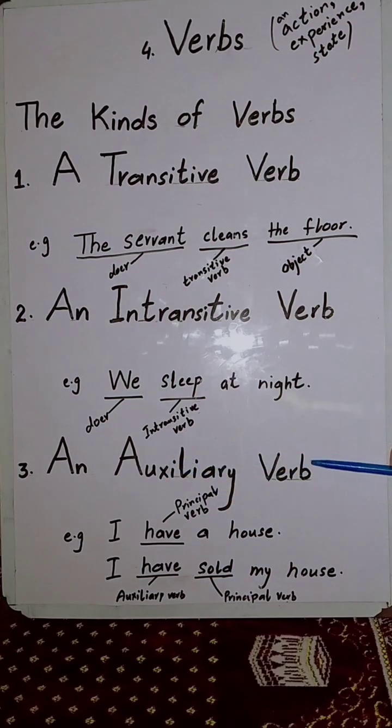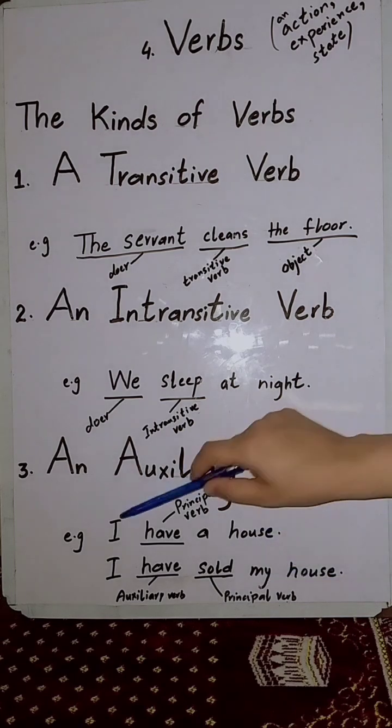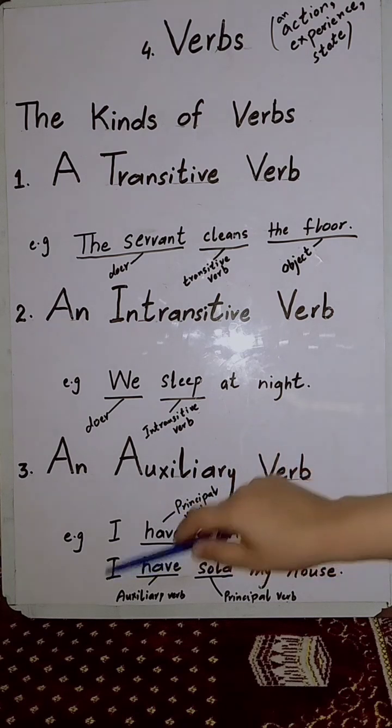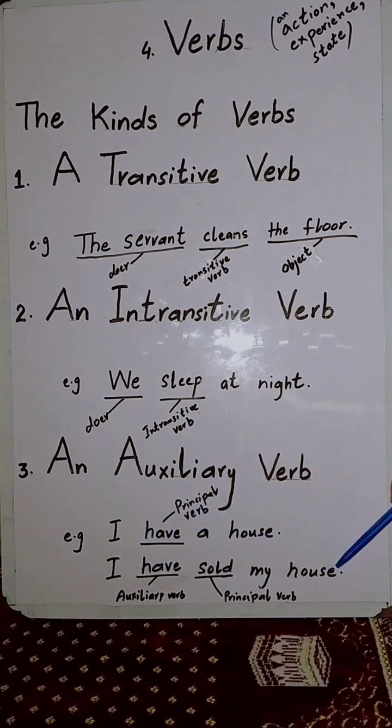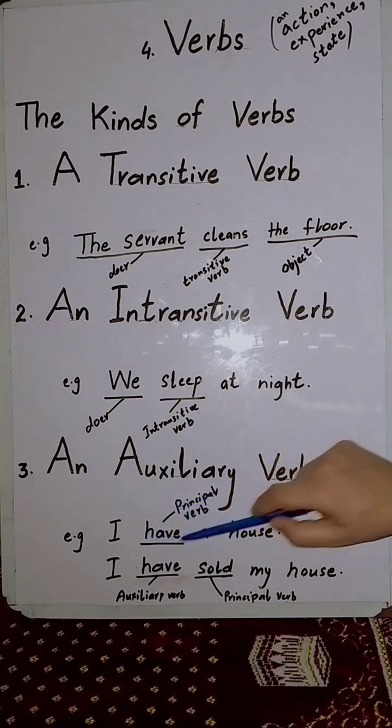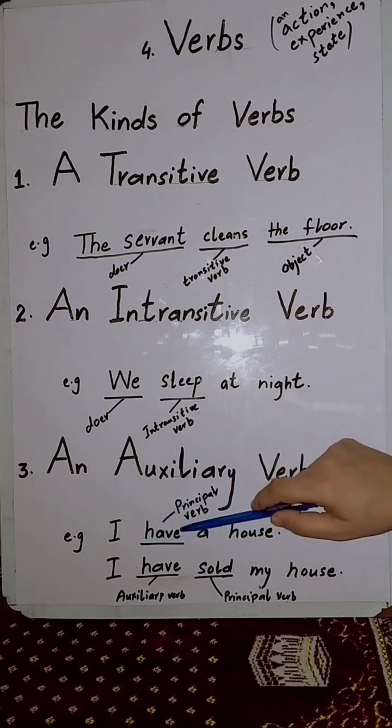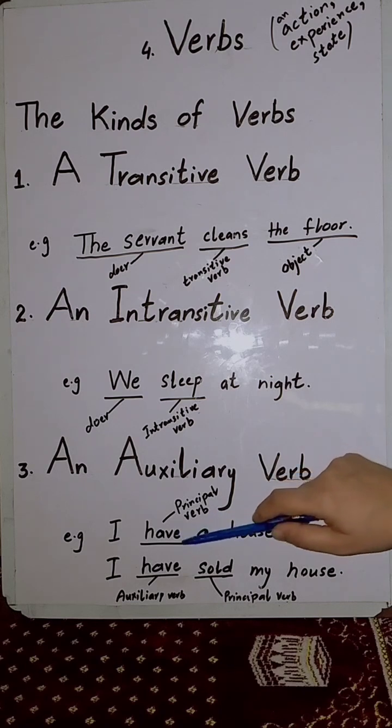An auxiliary verb is a verb that helps another verb to form its tense, form or mood. That means to make its meanings clear. Look at these two examples. I have a house. I have sold my house. In the first sentence, have has its own significance. It shows possession.